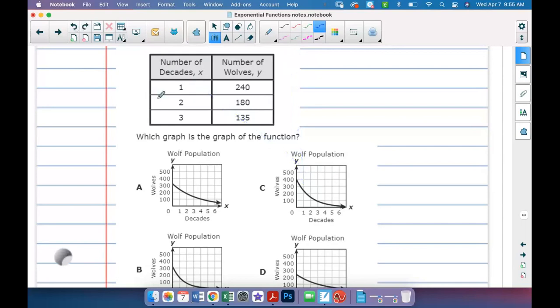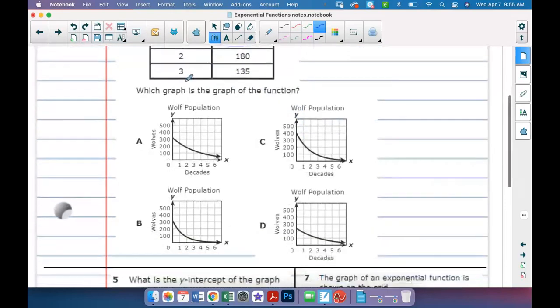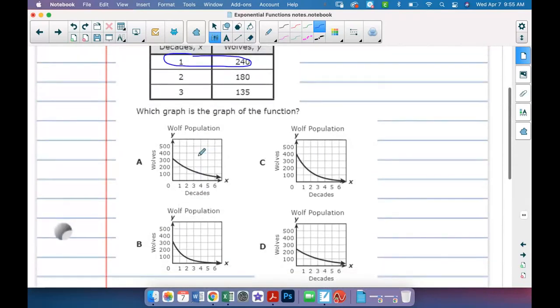I decided to use 1 and 240. So you go to the 1, go up to 240. You should be able to tell, and if that doesn't work, pick another point, right? And see if it works out.